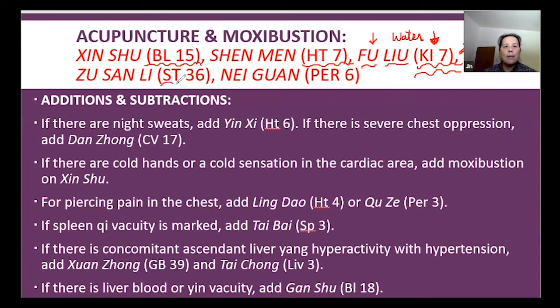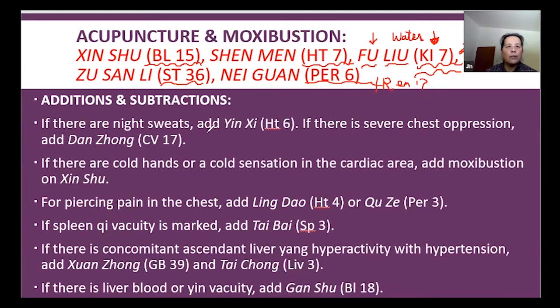And certainly stomach 36 generally tonifies, and we still keep pericardium 6. I perform it together with Ren 17 to open the chest. So we can still modify from there.